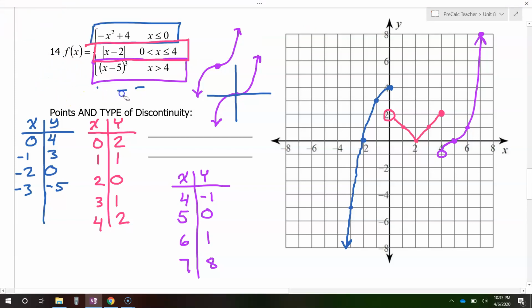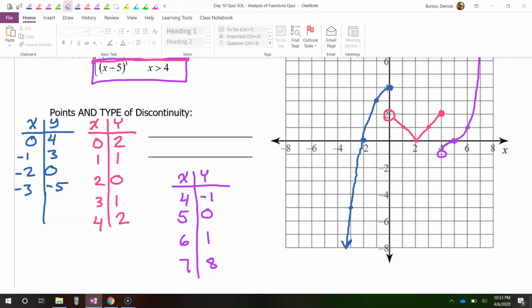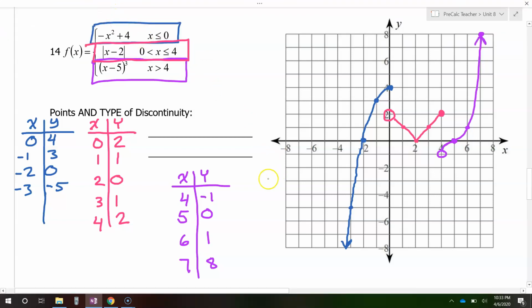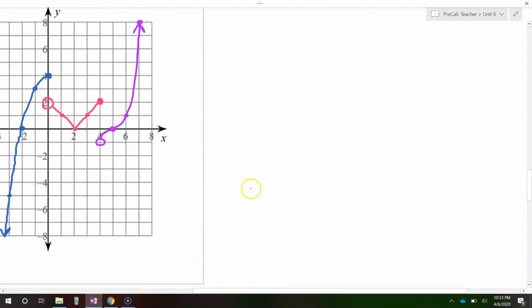Now it's time to talk about points of discontinuity. A discontinuity is a break in the graph. Both of these discontinuities are jump discontinuities. There are 3 types of discontinuity. There's a jump discontinuity, which looks like this.